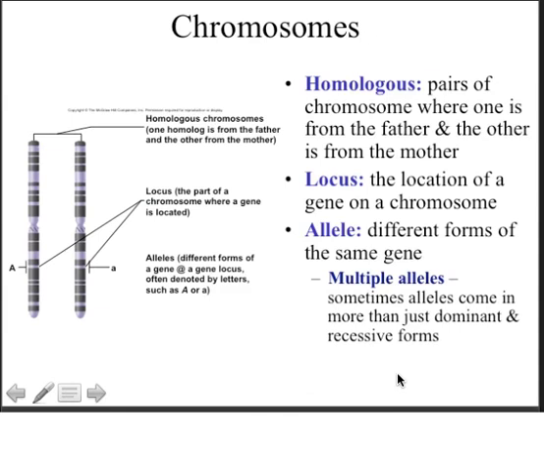Okay, homologous pairs of chromosomes are essentially look-alike chromosomes, one from the mother and one from the father. A locus is the physical location of a gene on a chromosome. We generally define loci as existing on the long or the short arm of a particular chromosome, and a lot of that has to do with our knowledge of the banding pattern.